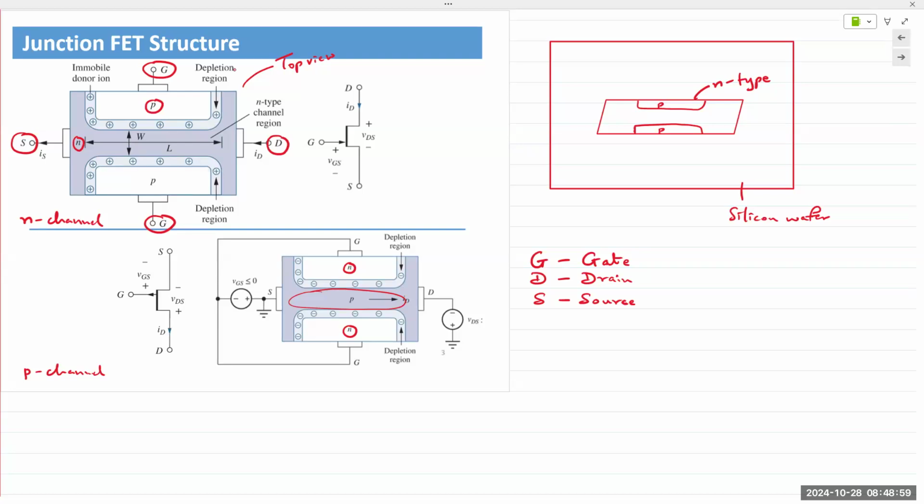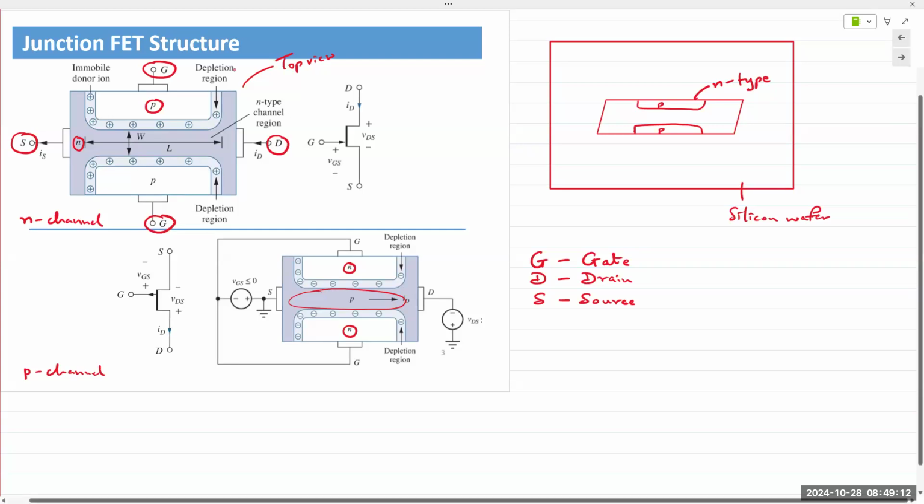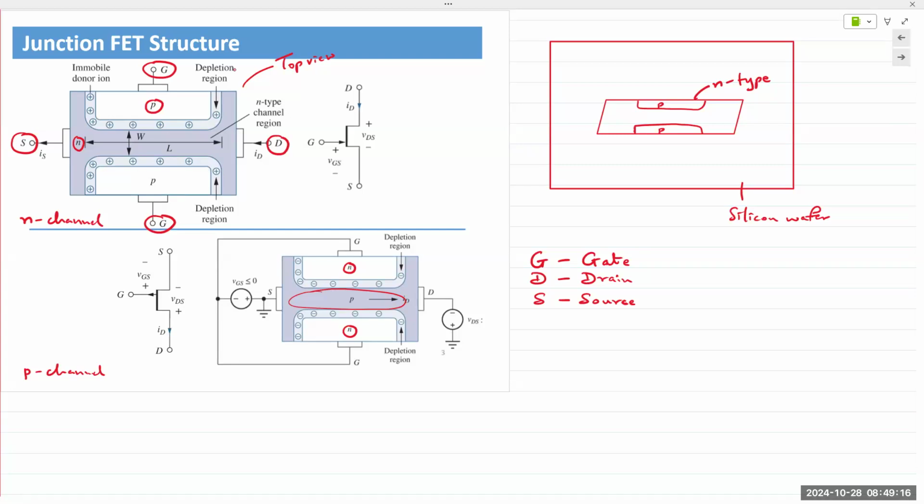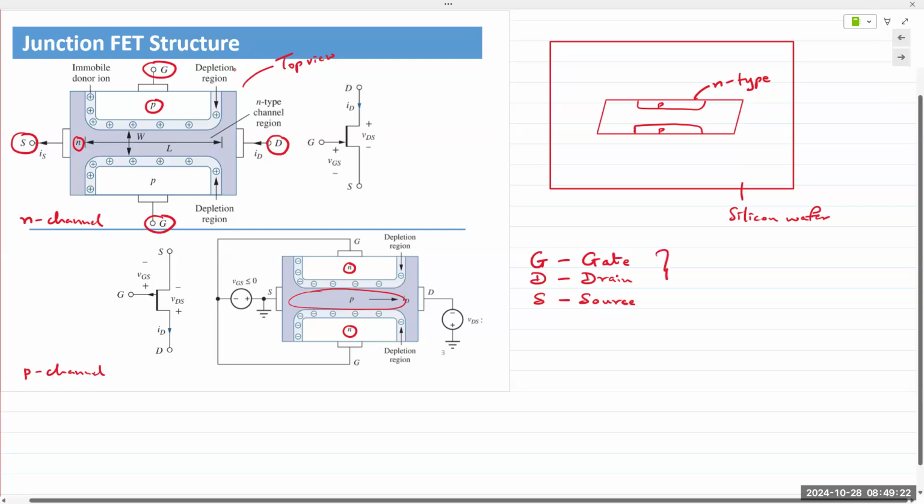And that essentially is the operating principle of a JFET. You have a channel, electrons are moving through the channel, and you control the flow of those electrons by an externally applied electric field or externally applied voltage at the gate. So it's a three-terminal device.